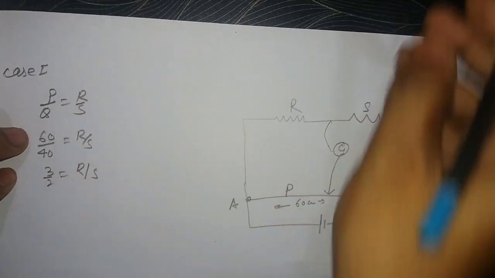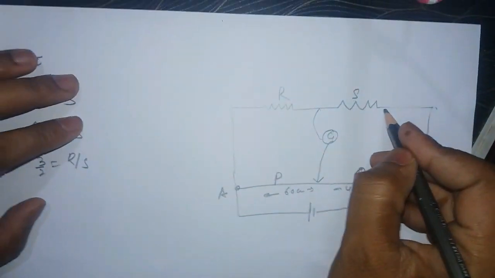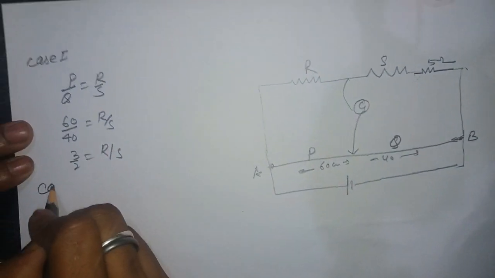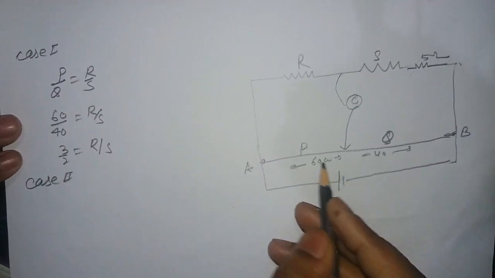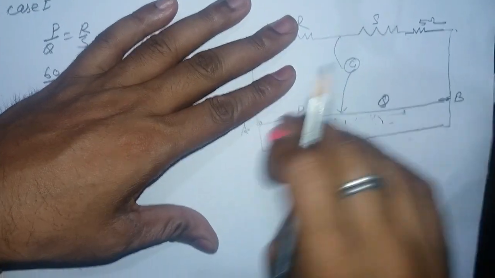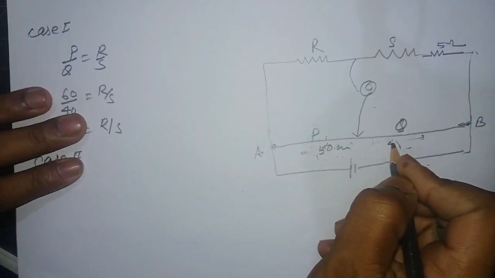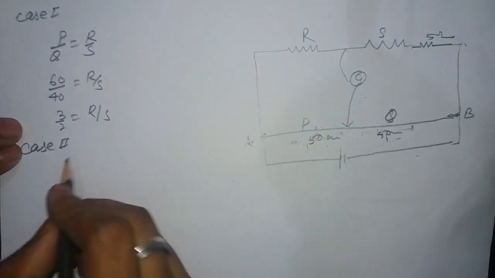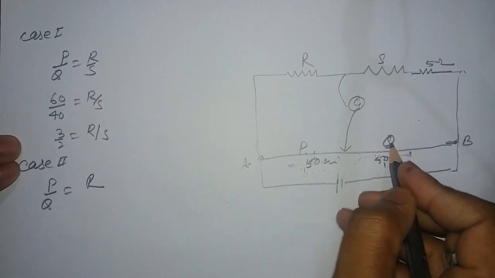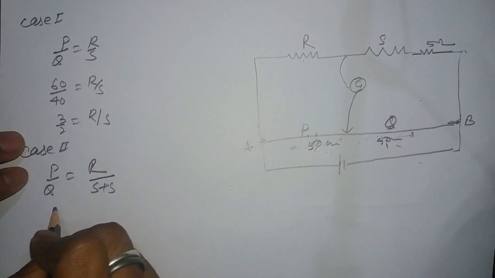Now in case 2, what I have done? I have connected 5 ohm resistance. So for case 2, the null point was something different. This was 50 centimeter. So P upon Q equal to R upon this resistance, S plus 5.